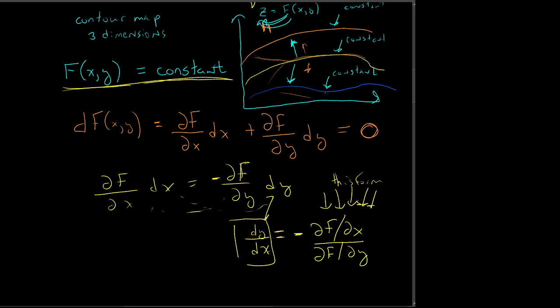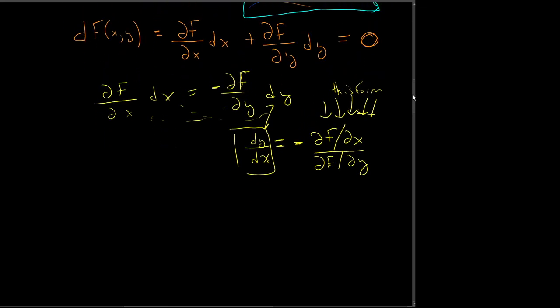If I am on some contour and I stay on the same contour, whatever I change in the x direction and whatever I change in the y direction as I move in the plane should not change the z direction, my up or down height. That's what this means. And so if I take that form and rearrange it, it looks like I have a first order ODE that I can look for.